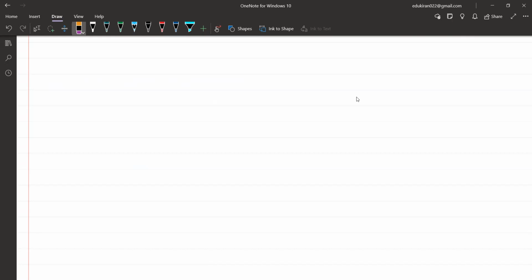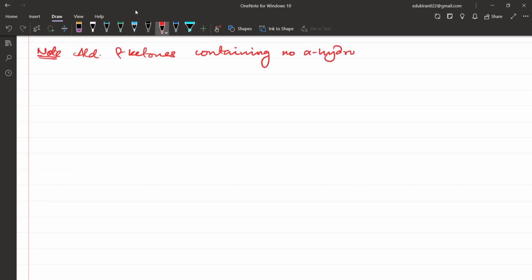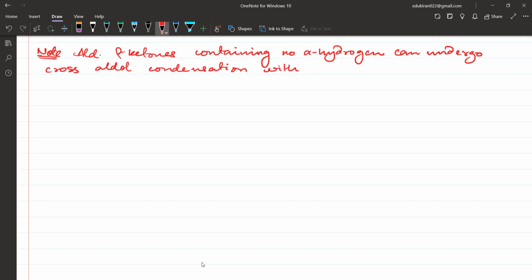Right, next. Aldehyde and ketones containing no alpha hydrogen can undergo cross-aldol condensation with aldehyde or ketone with alpha hydrogen.